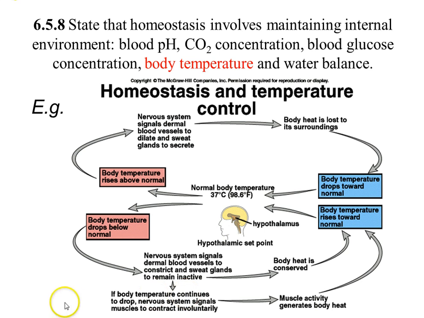But if the body temperature continues to drop, your nervous system signals your muscles, remember, through the sensory neurons, through the relay neurons, which may be in your brain, and then sends signals to your effectors, or your muscles, to contract involuntarily, which is shivering. Your body shivers.